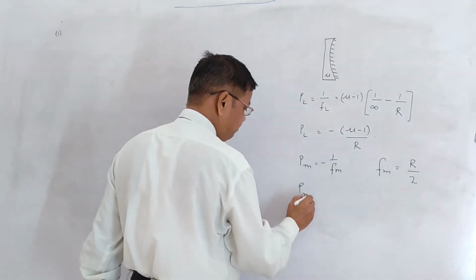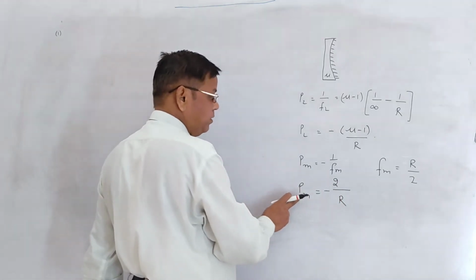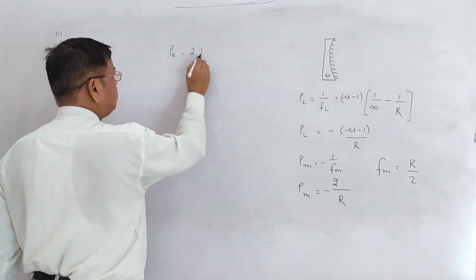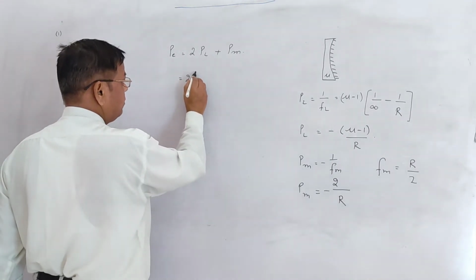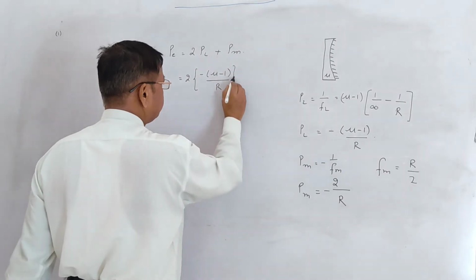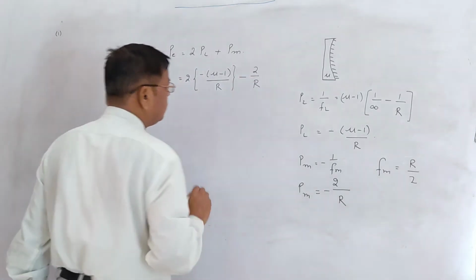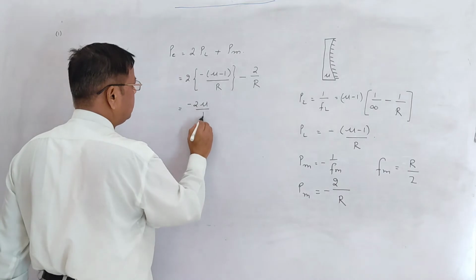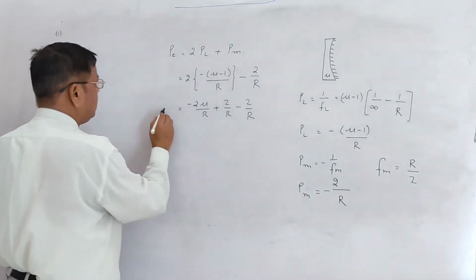Now if you put here minus, it is R by 2, so 2 will go up, so the power of the mirror will be minus 2 by R. Now the effective power is twice the power of the lens plus the power of the mirror, so 2 times minus mu minus 1 upon R plus the power of the mirror, which is minus 2 by R. Now you can write it like this: minus 2 mu by R plus 2 by R minus 2 by R.